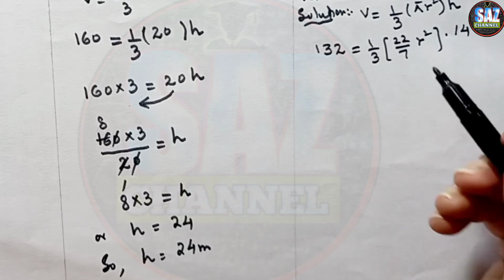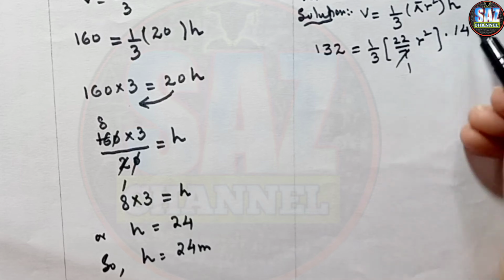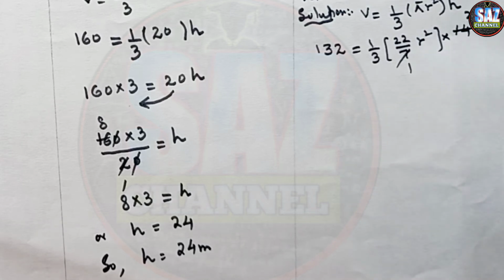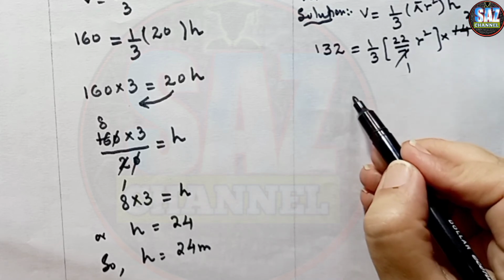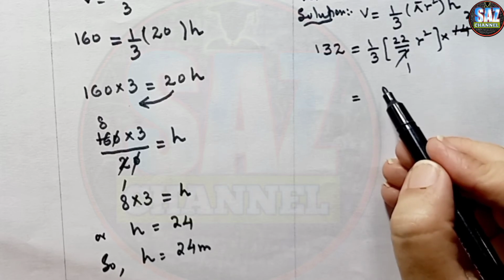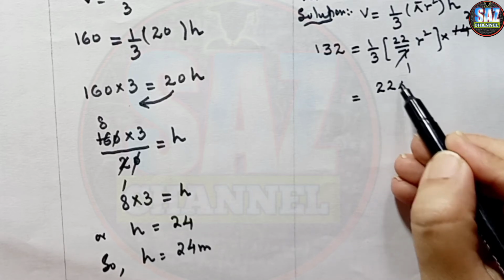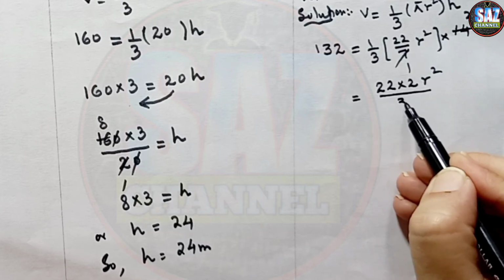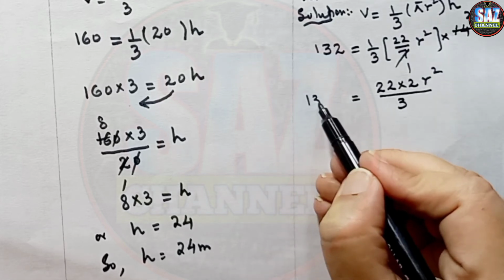Now look, 7 and 14 can be simplified easily. 7 2s are 14. Let me make it a multiplication sign. I'm left with 22 times 2, 44. 22 times 2 into r² upon 3 equals 132.